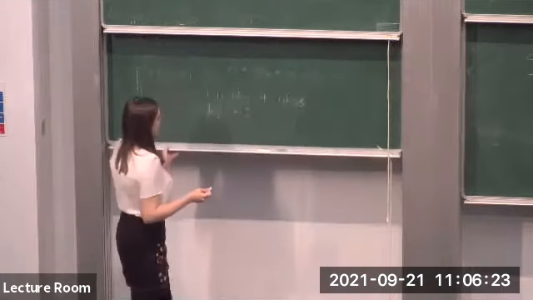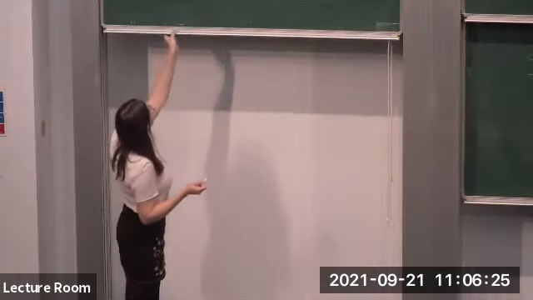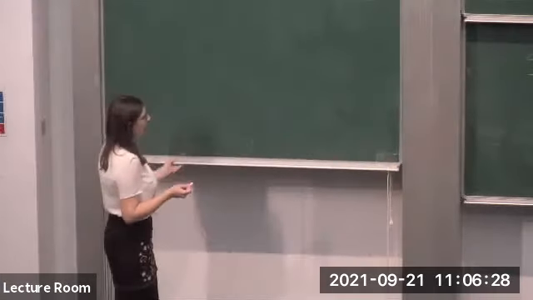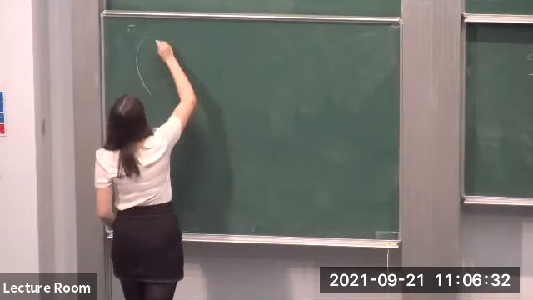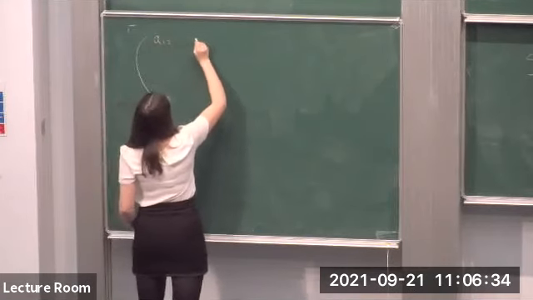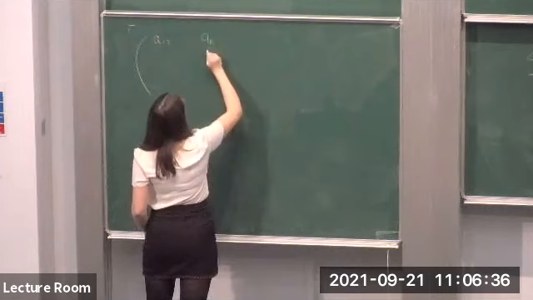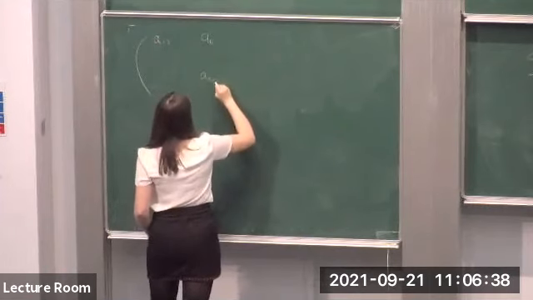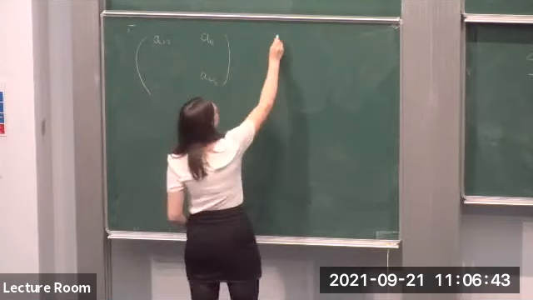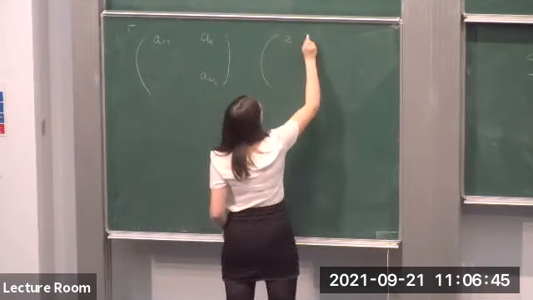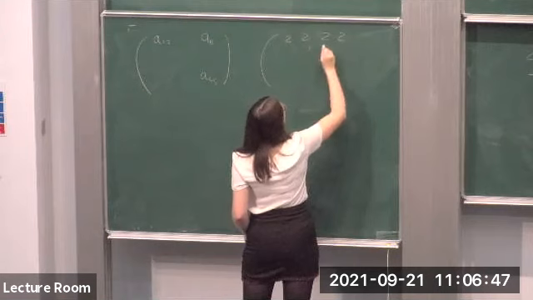So our matrix is going to look a bit like this. Our skew symmetric matrix, and we're going to have degrees.